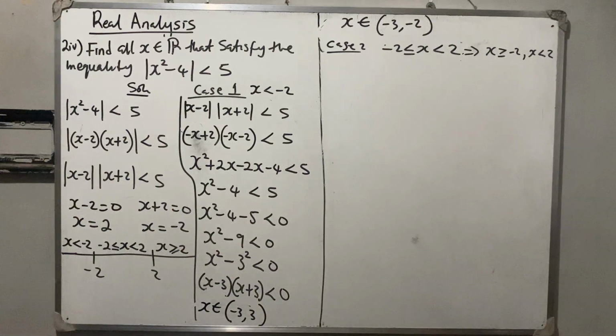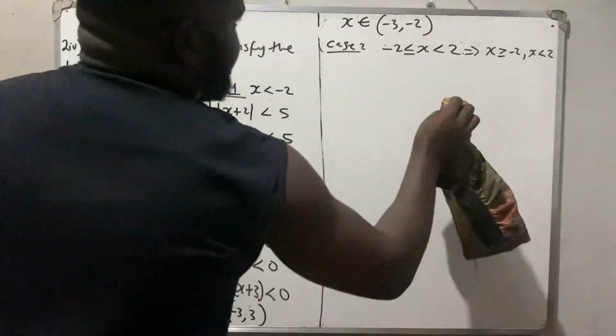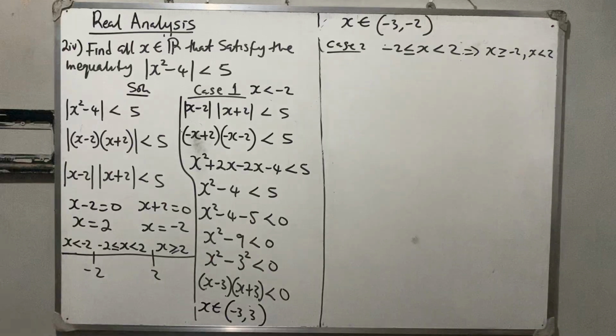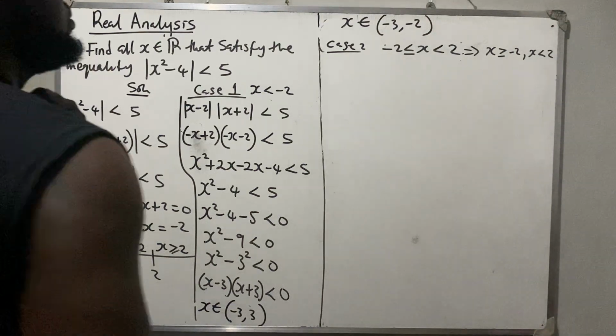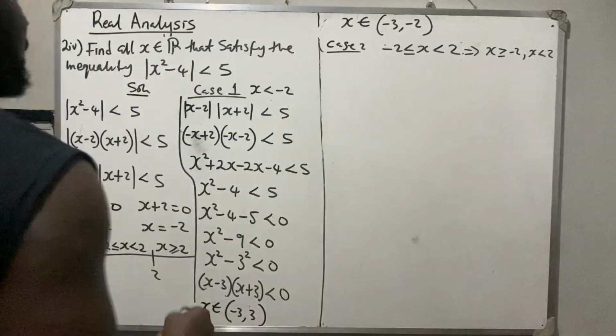So now, if x is greater than or equal to -2, we can just pick any element between the two of them. If we pick any element between the two of them, I think there is a problem somewhere, because picking any element between the two of them will affect the solution. Okay, let's check.